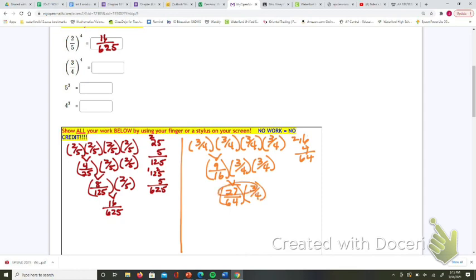Okay, 27 times 3. 3 times 7 is 21, carry the 2. 3 times 2 is 6, plus 2 is 8. 64 times 4. 4 times 4 is 16, carry the 1. 4 times 6 is 24, plus 1 is 25. So 81 over 256.